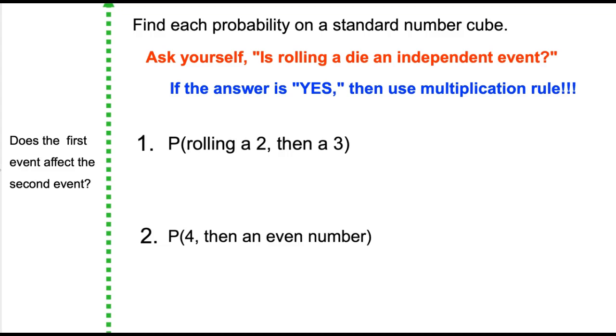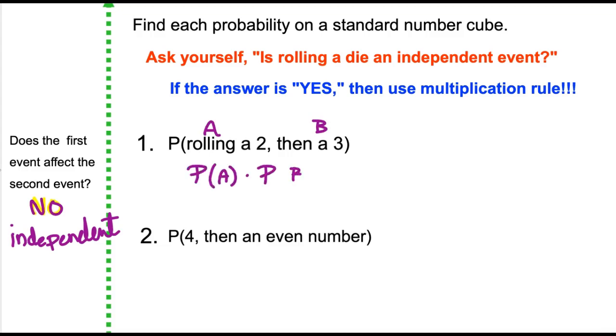It doesn't, so the answer is no, and the events are still independent. If rolling a 2 is A and rolling a 3 is B, then the probability of A and B is the probability of A times the probability of B. That's the structure or formula for determining that probability.